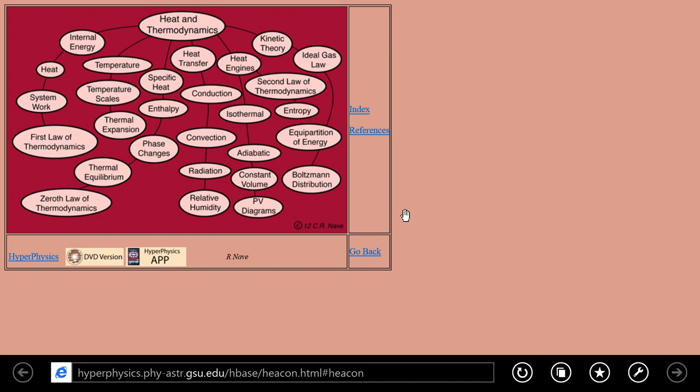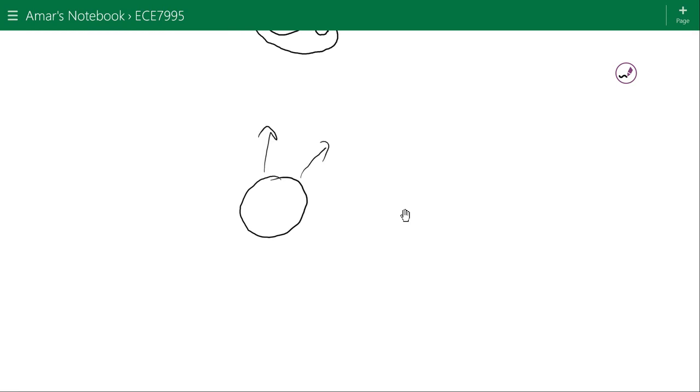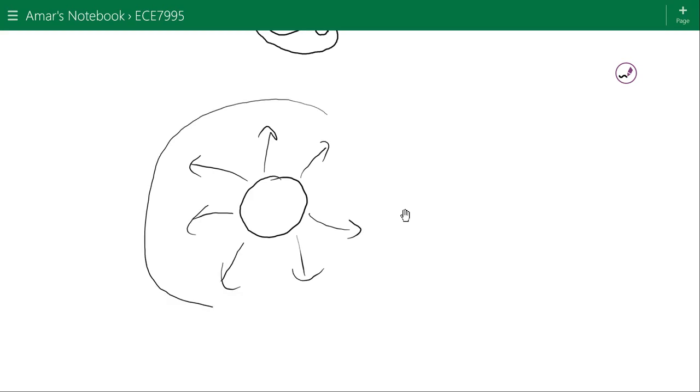Let me draw it out. So this object is radiating heat in all directions. Assume that's at some distance away from the object. This is at room temperature, so we can call this T0.